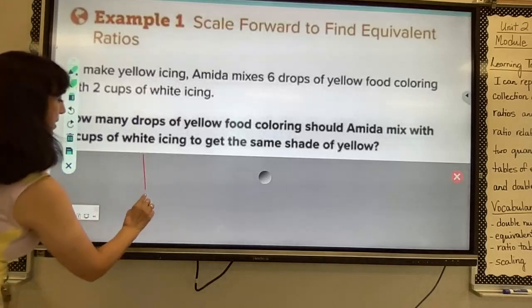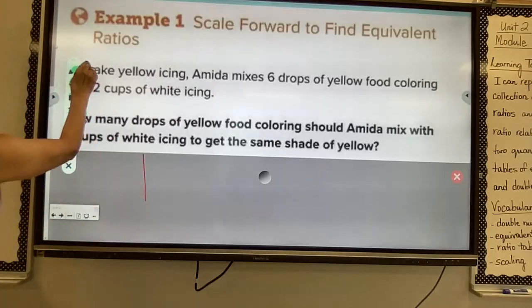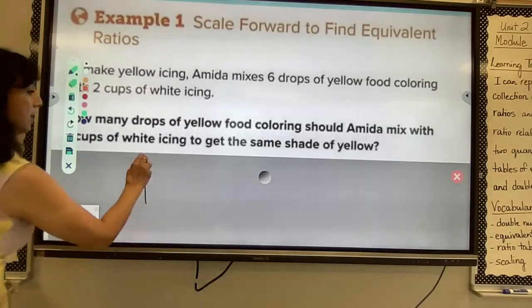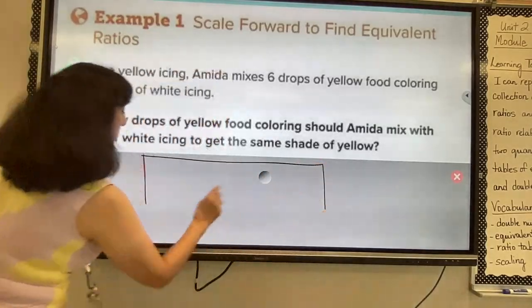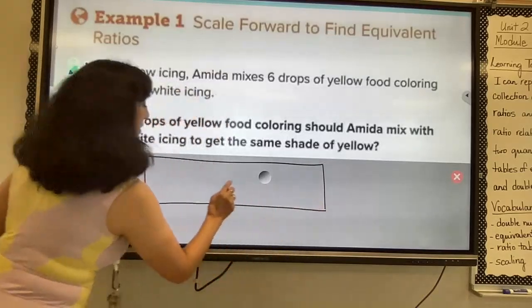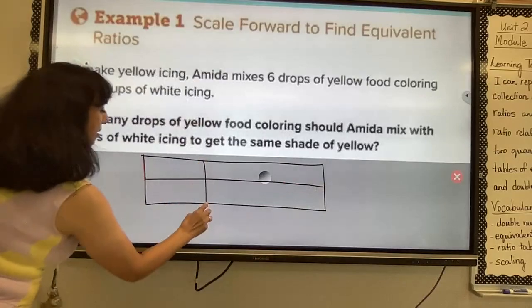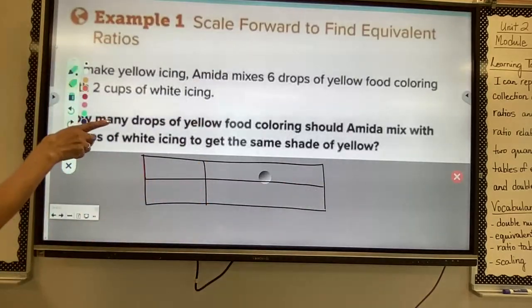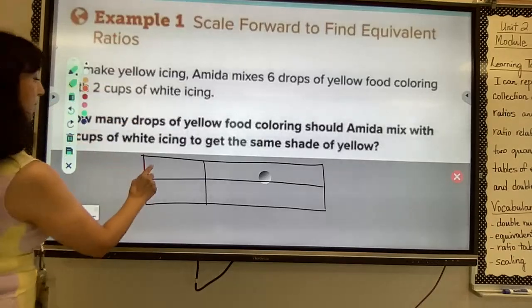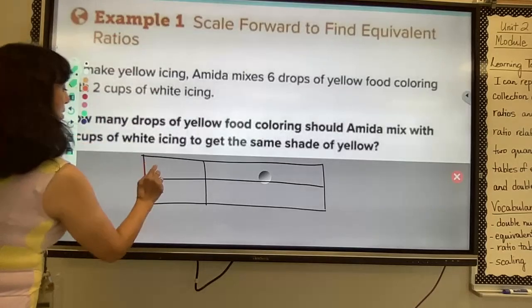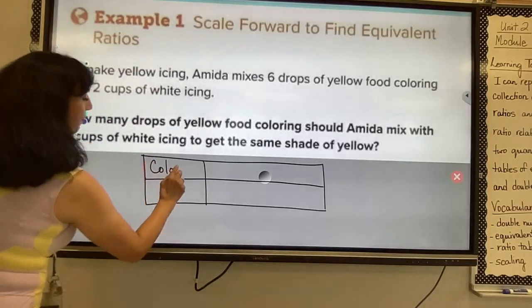So if I create a table, let me use this color, which you can see better. I'm going to create a ratio table with the information that I have. So let's see, what do we have? We are talking about yellow food coloring. Okay. So food coloring.